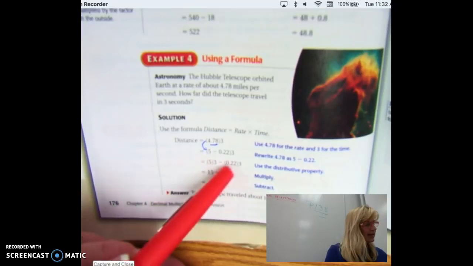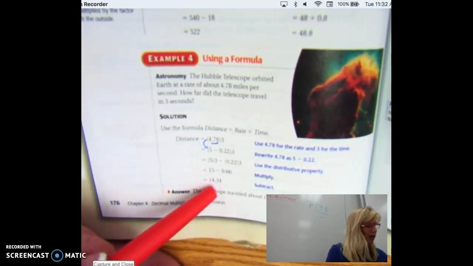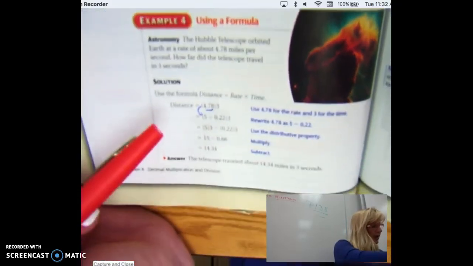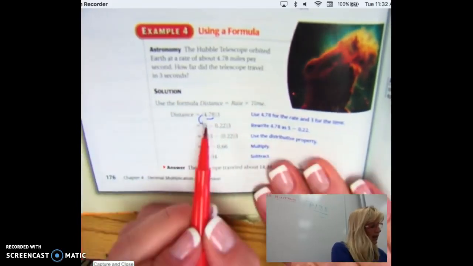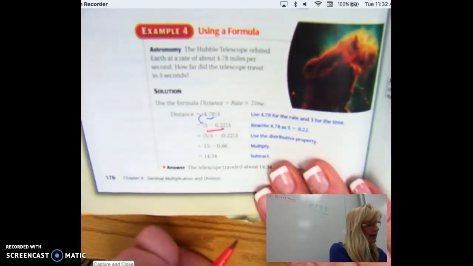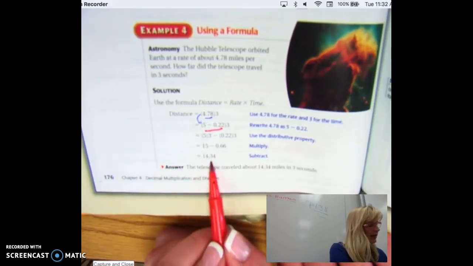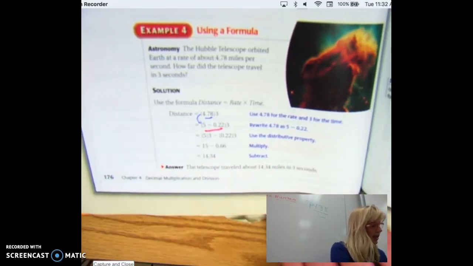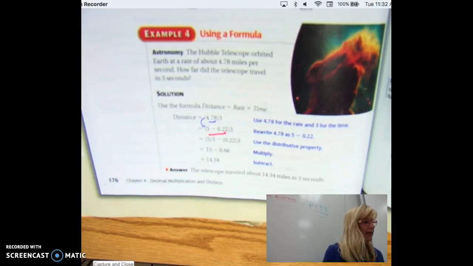So if I subtract those two, I should get 14.34. So they simply rewrote the number 4.78 and expressed it as 5 minus 0.22. So once they subtracted, they got 14.34 miles in 3 seconds, which is absolutely amazing.